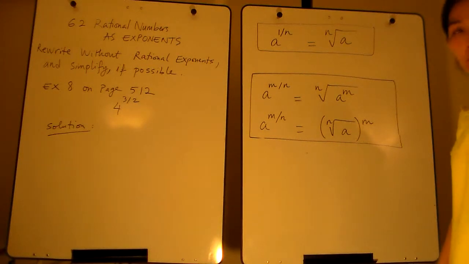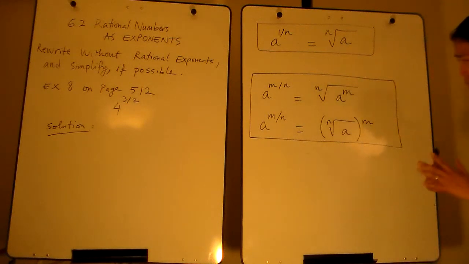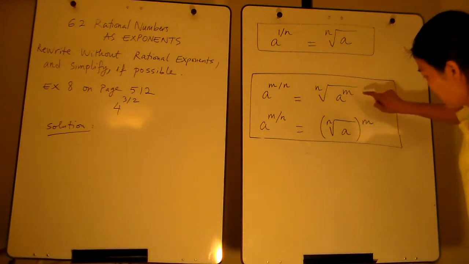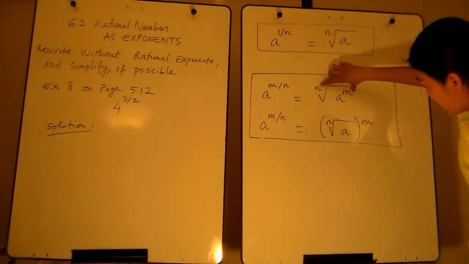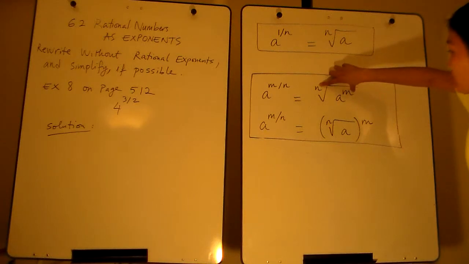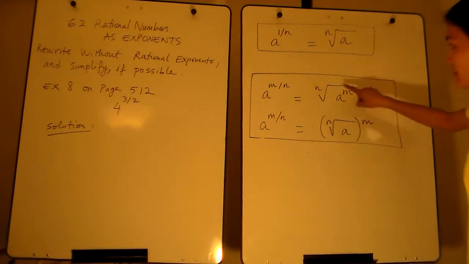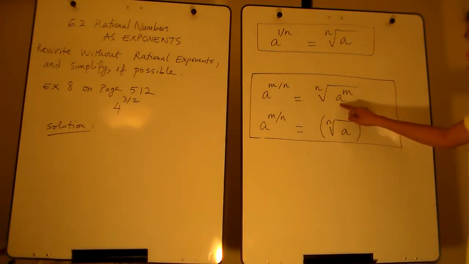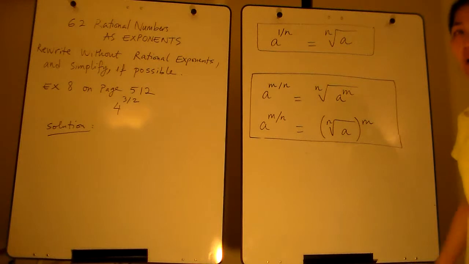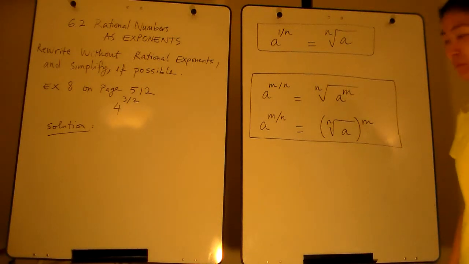Remember, the only advantage of this form is when the exponent and the root are the same. Then you can simplify. But the problem is that this M and N are different, so having A raised to the N power does not help you simplify this N root radical.